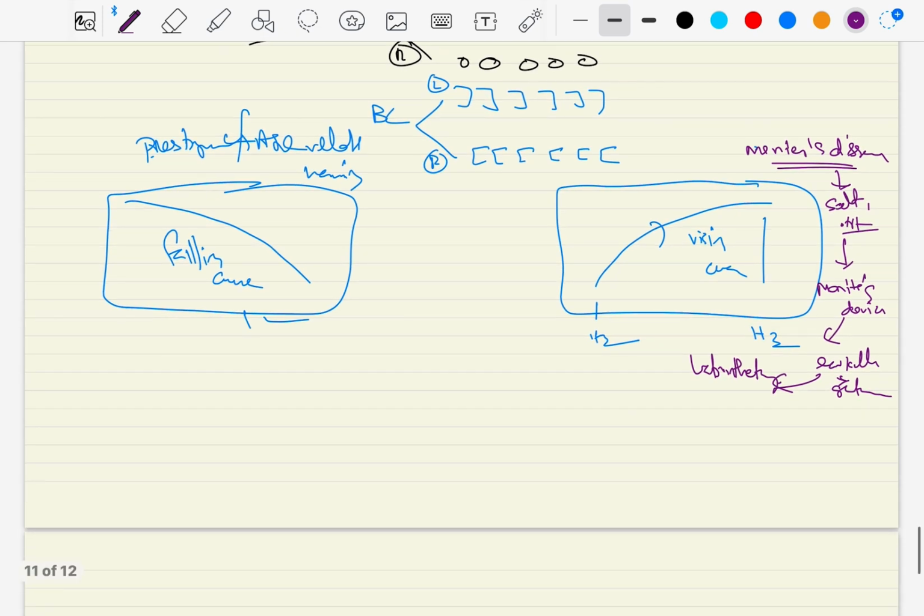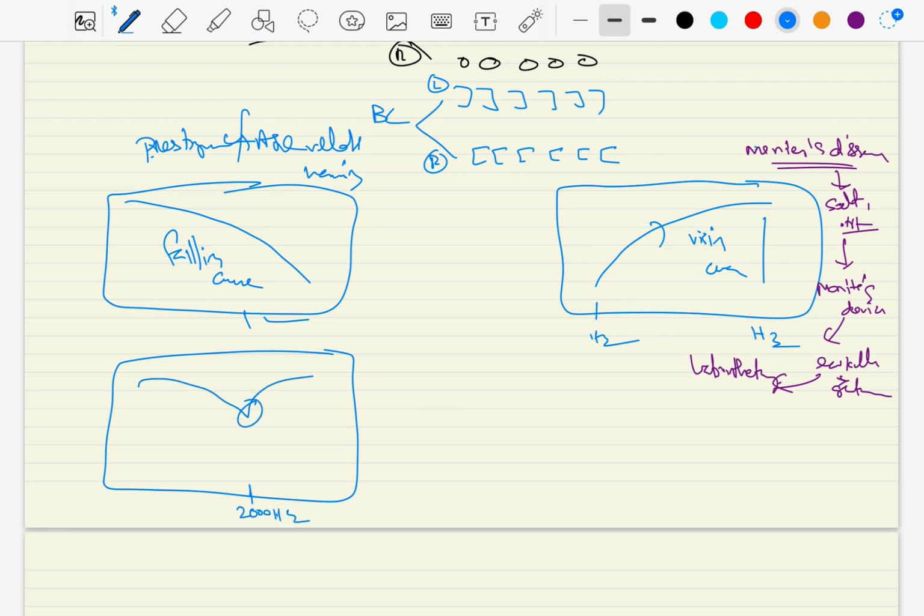Okay, then the third one is there will be a Carhart notch at 2000 hertz only, there will be a notch, otherwise it's not there. Okay, this is known as otosclerosis.